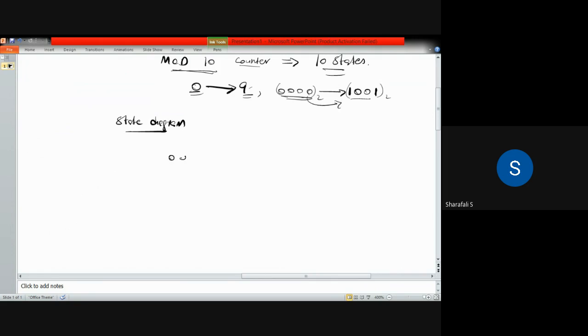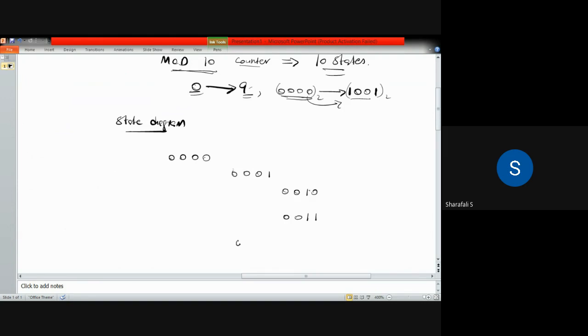So we have initially 0, 0, 0, 0, right? And then we have 0, 0, 0, 1. Then 0, 0, 1, 0, then 0, 0, 1, 1.